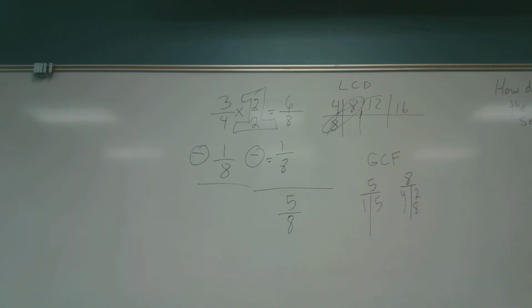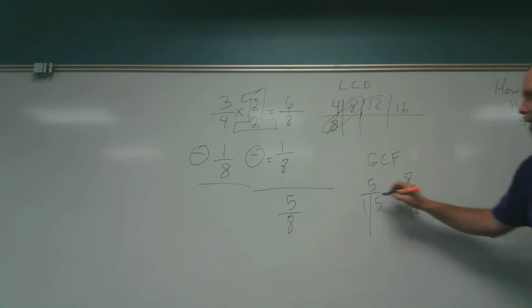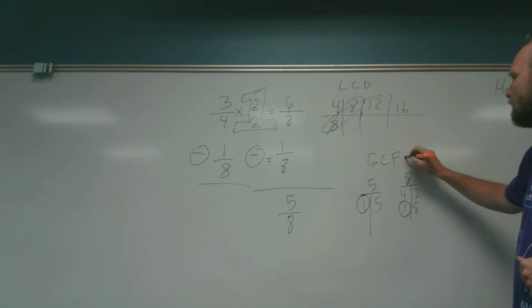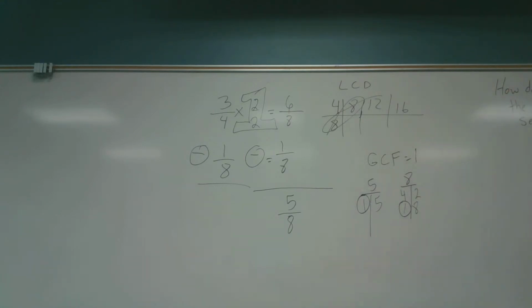That is it. So Mason, what is the greatest number that appears in both of these? It's got to appear in both of them. 1. If my greatest common factor is 1, I can't simplify that anymore. So 5/8 would be my answer.